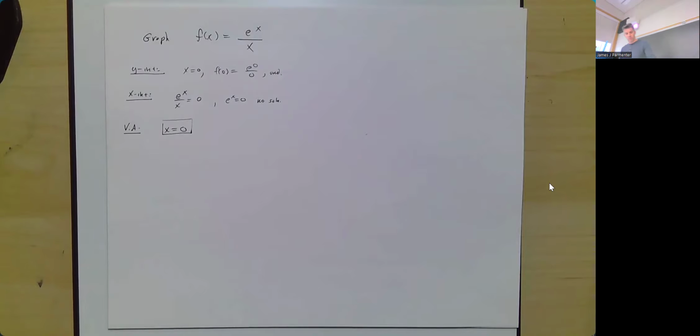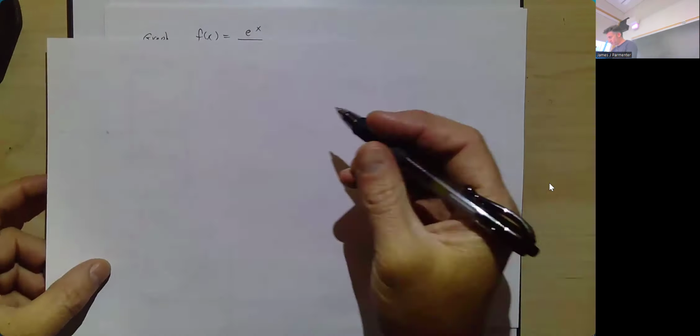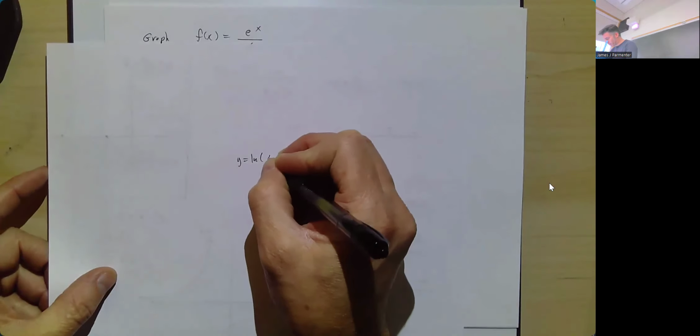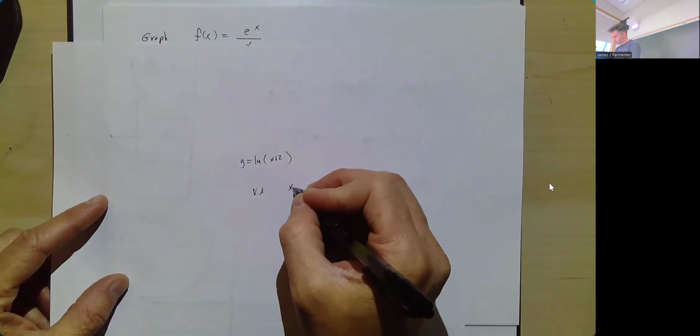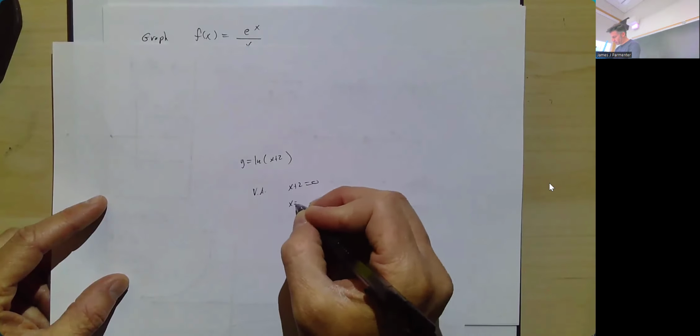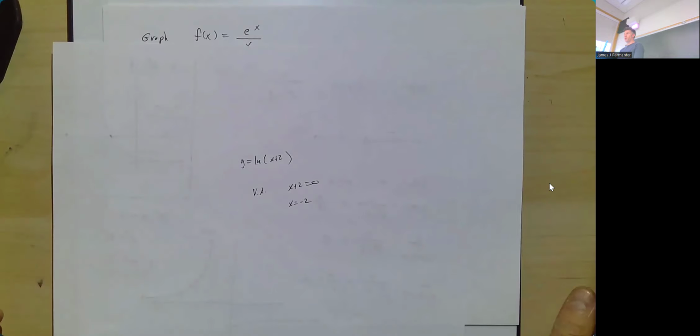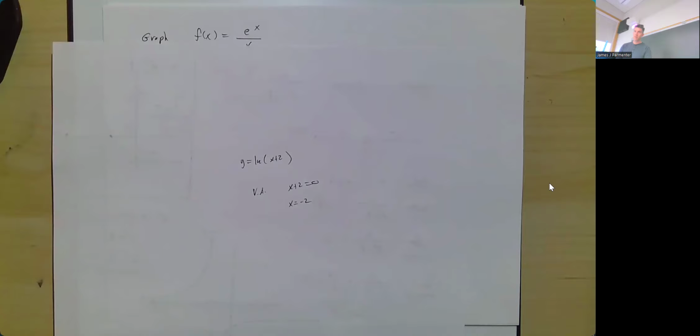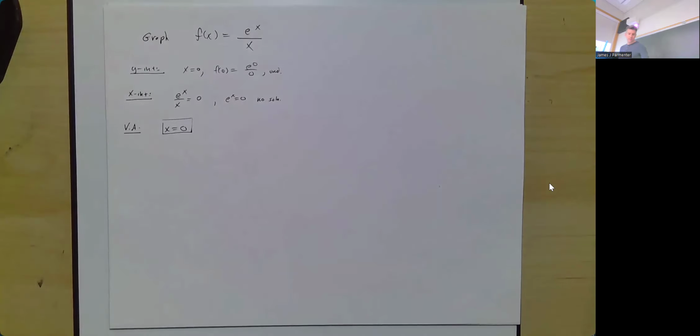So real quick, if I had y equal to the natural log of x plus 2, this would totally have a vertical asymptote at x plus 2 equal to 0, or x equal to -2. Logarithmic functions always have vertical asymptotes at the value of x that would make it so you were trying to take the log of 0, which is not division by 0, but it has a similar effect.